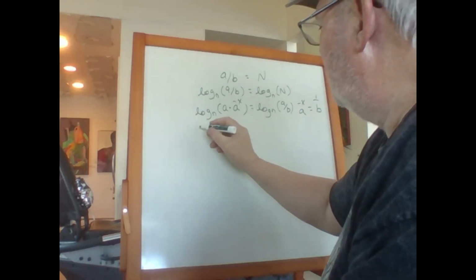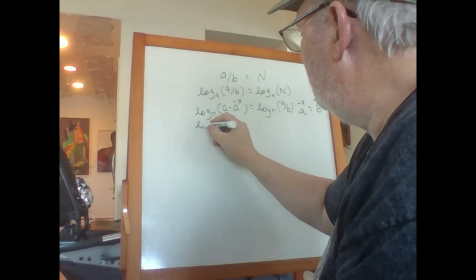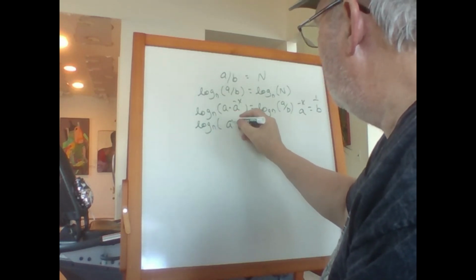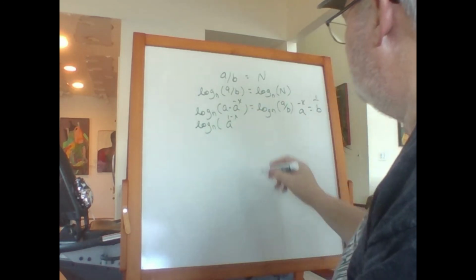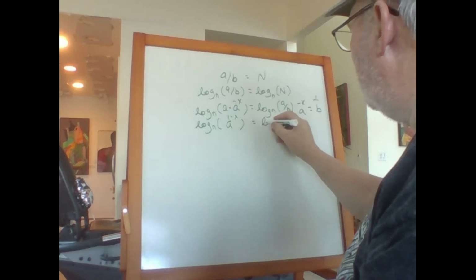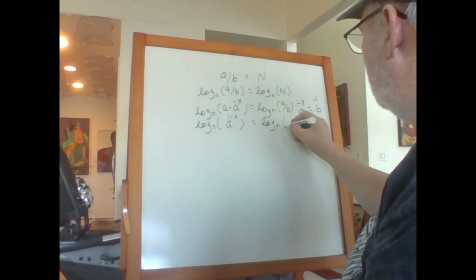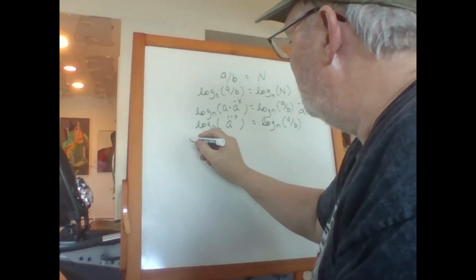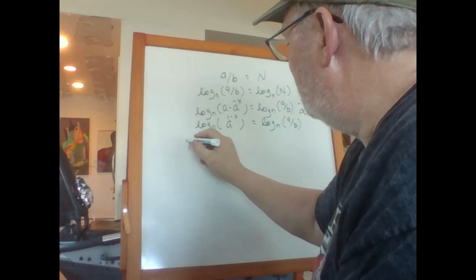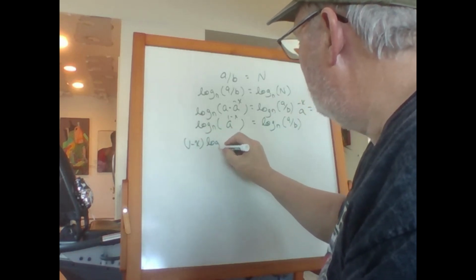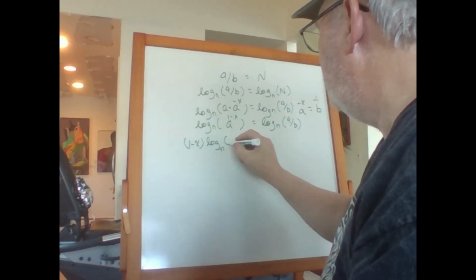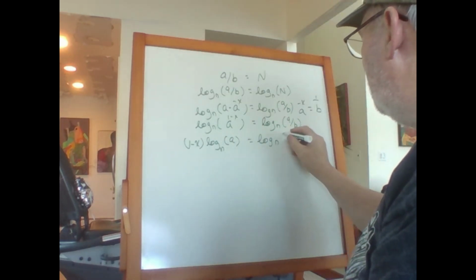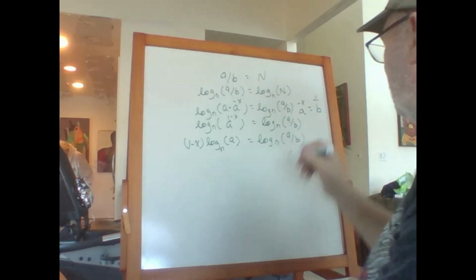And then we have the law of exponents. We got log base n of a times a to the minus x equals log base n of a divided by b. Then we take this out, 1 minus x times log base n of a equals log n of a divided by b.